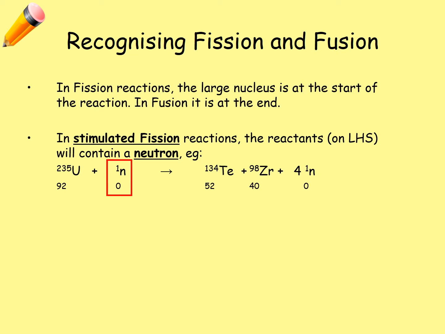When we have a fusion reaction, the neutron will appear after the reaction. In both cases, we look at the mass difference between the left-hand side and the right-hand side in order to tell us what the energy released is going to be. So we need to apply that mass to E equals mc squared.